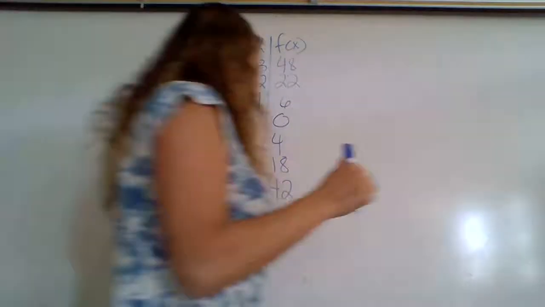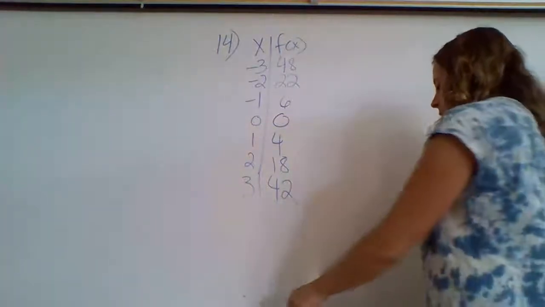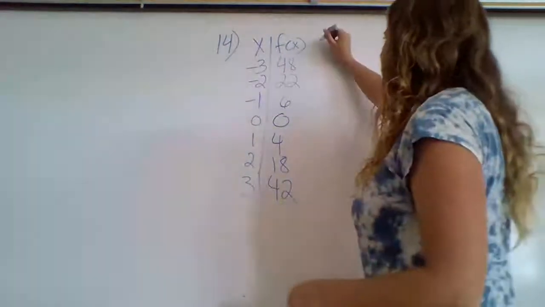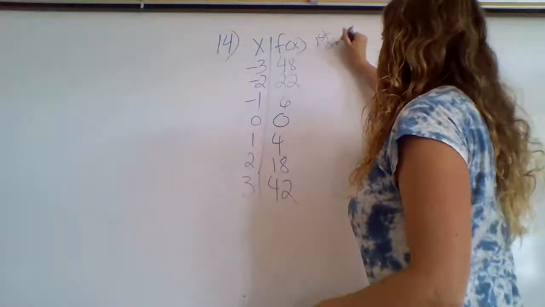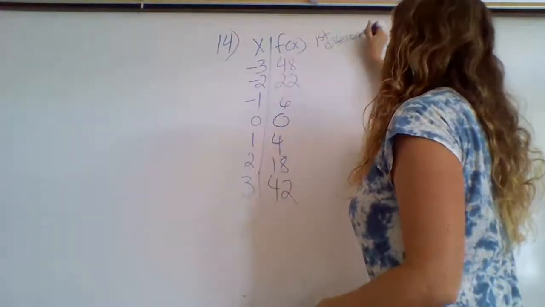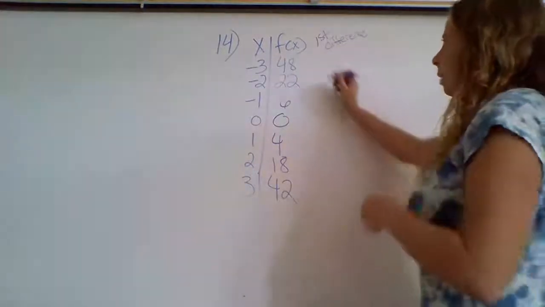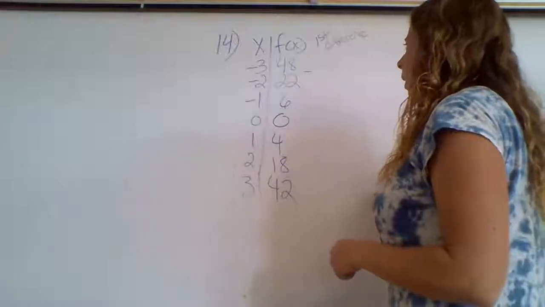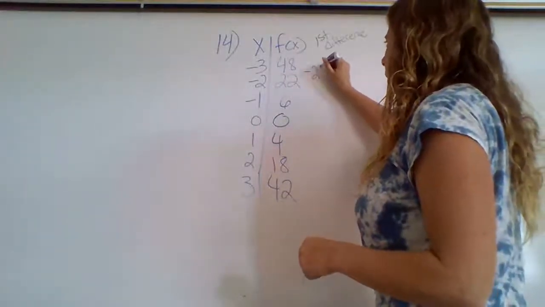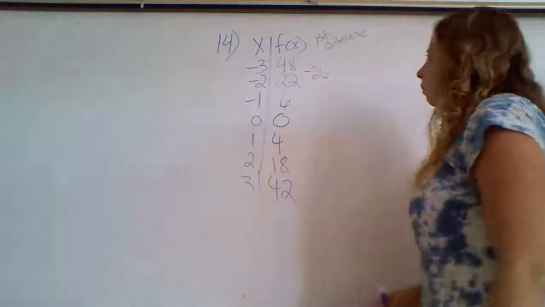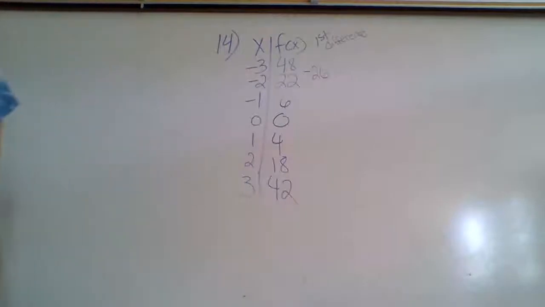oh right, is it linear or is it quadratic? All right, so let's figure out the first difference. Okay, so let's see. From 48 to 22, that is subtracting 26. Did I write that down right? 48 to, yep, okay, all right.